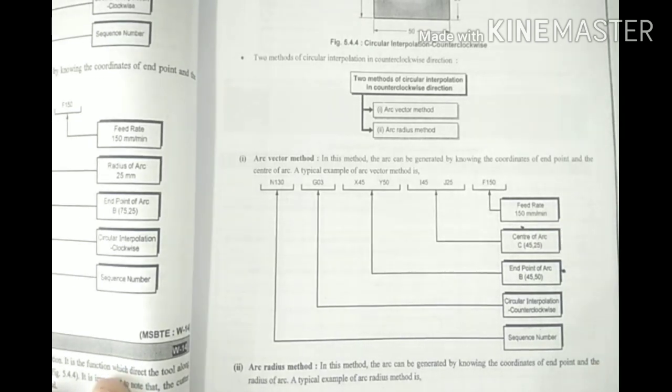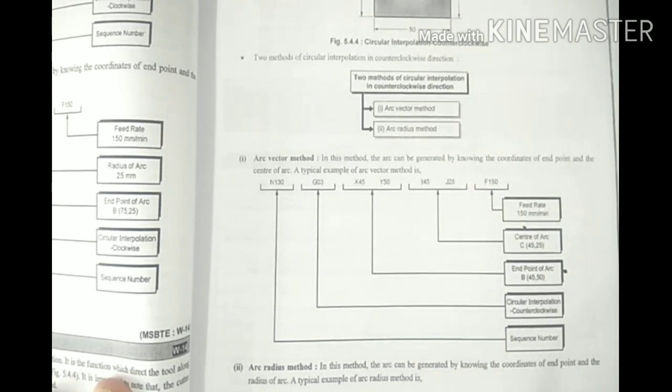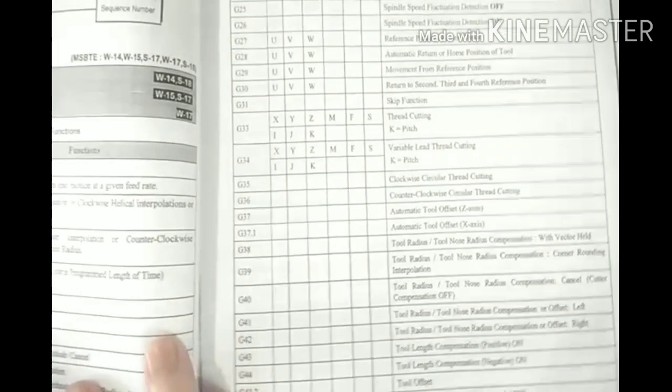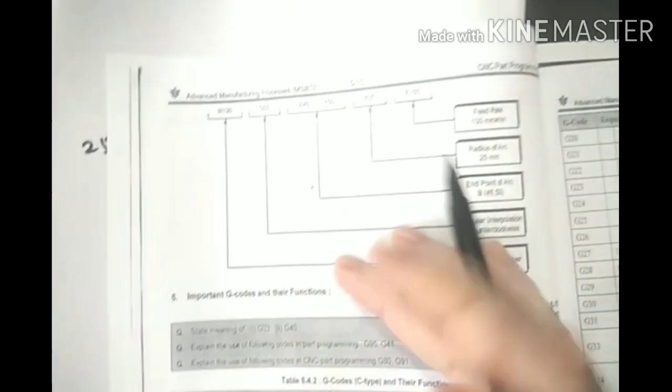Similarly, by the radius arc method, the arc can be generated by knowing the coordinates of the end point and the radius of the arc. Here it is to be explained.